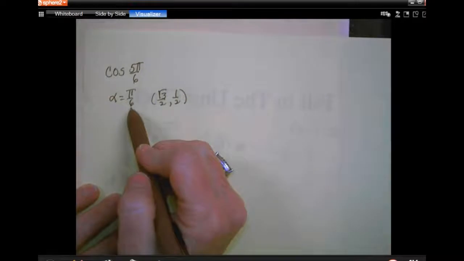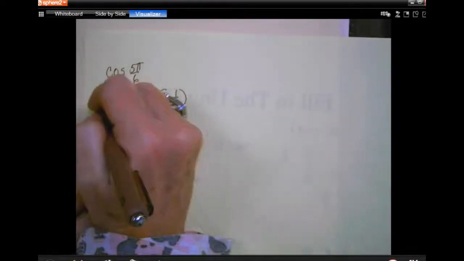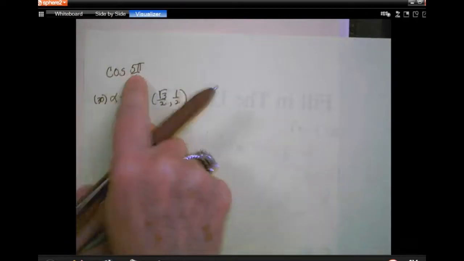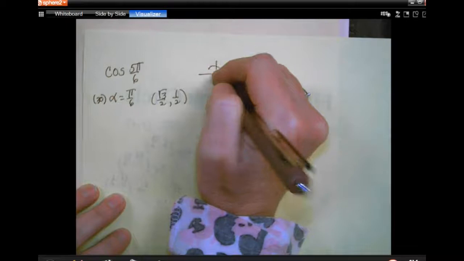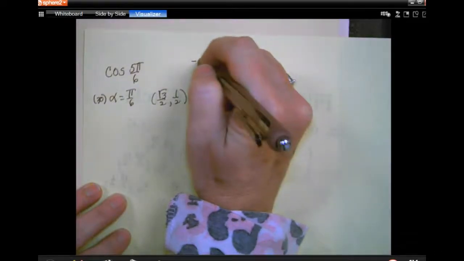So the next thing I'm going to ask myself is, if this is 30, 5 times 30 makes it, which is in which quadrant? Second quadrant. And in the second quadrant, what is positive and what is negative? Okay.